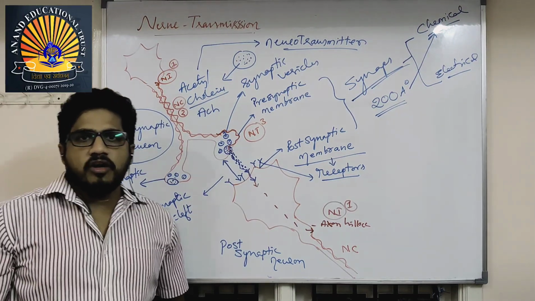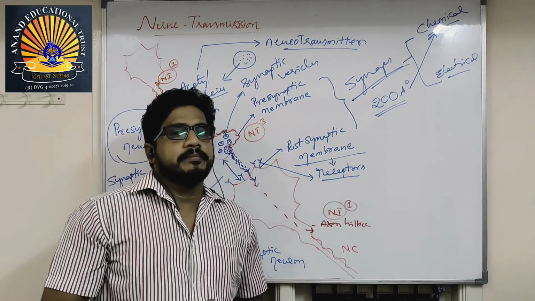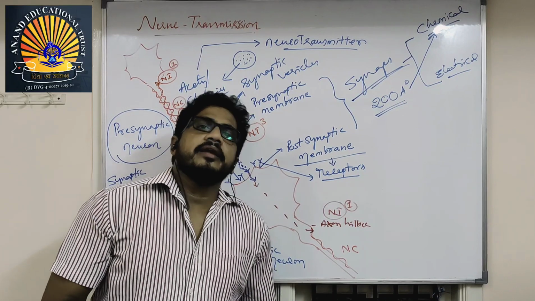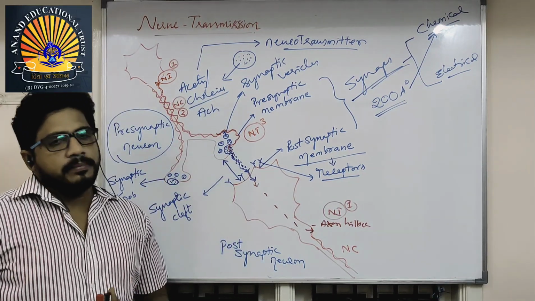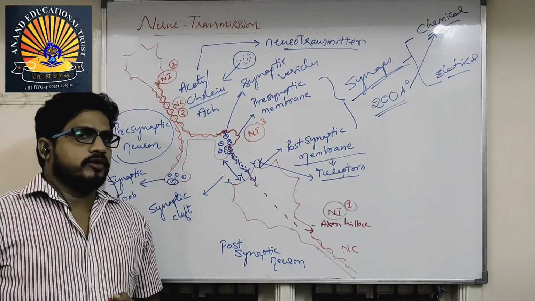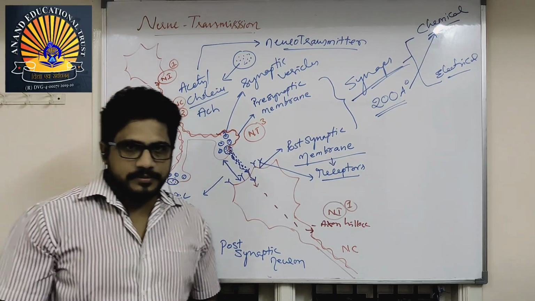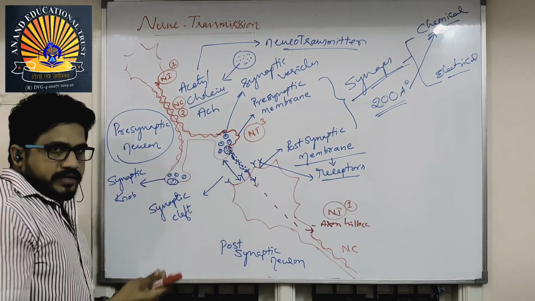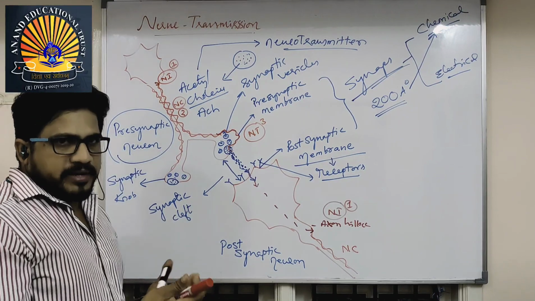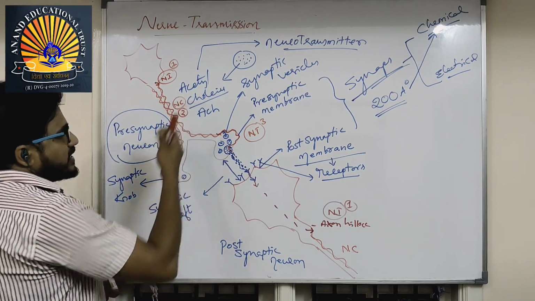Such impulses are called inhibitory impulses, caused by inhibitory transmitters. Examples: dopamine, GABA, gamma-aminobutyric acid.